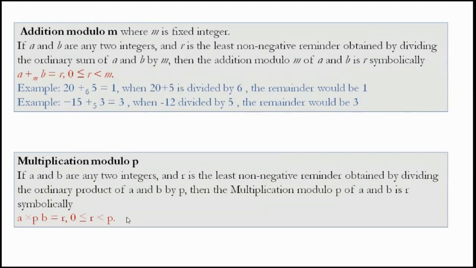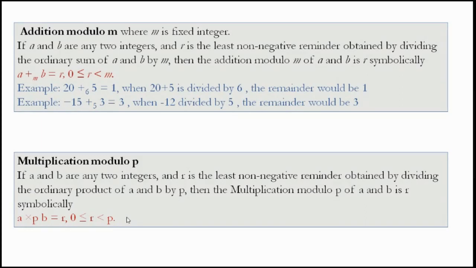Addition modulo m, where m is a fixed integer: if a and b are two integers and r is the least non-negative remainder obtained by dividing the ordinary sum of a and b by m, then the addition modulo m of a and b is r, symbolically.